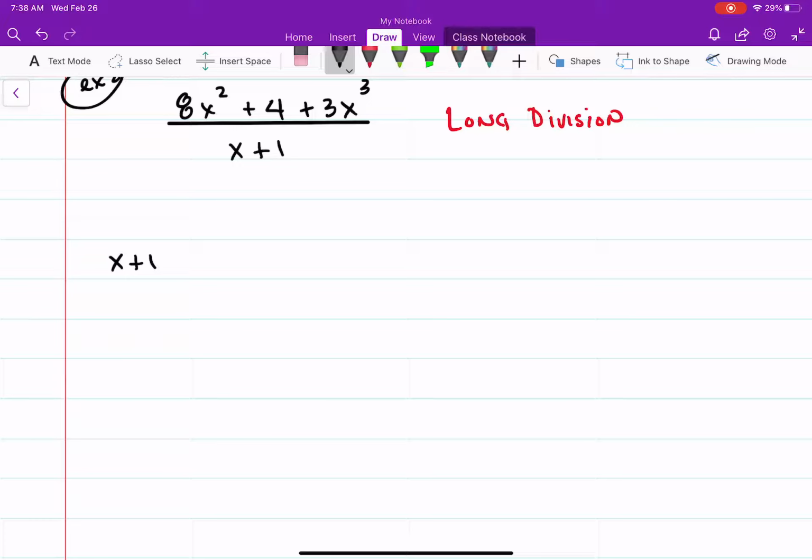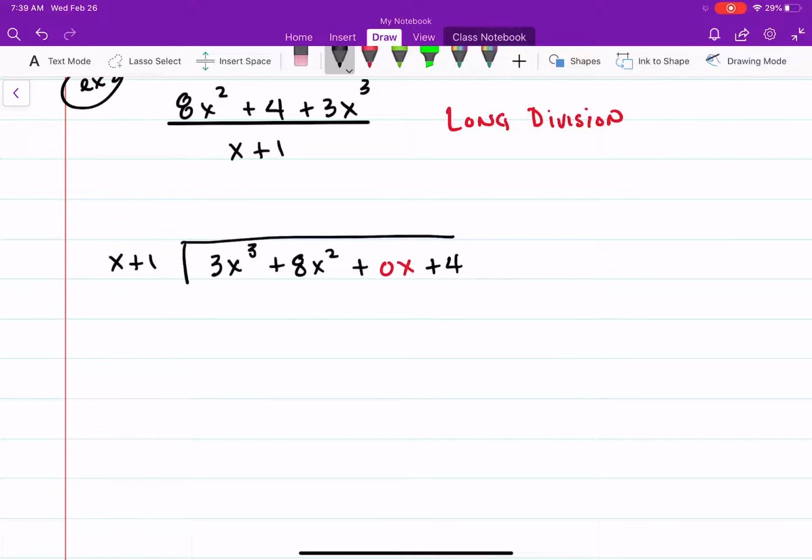So for example, my 3x cubed is the largest power, then plus 8x squared. And if you notice that my next term should be an x value, and there's no x value, so we're just going to put down plus 0x. Actually, you know what? I'll put this in red so you guys can see that it stands out. And then plus 4. So we will call that a placeholder.